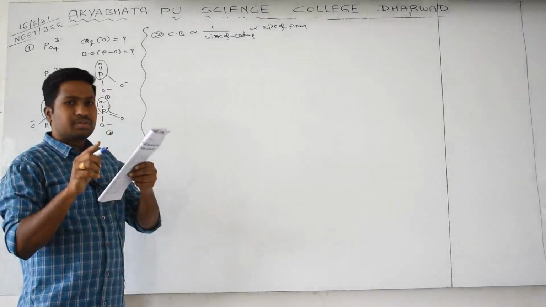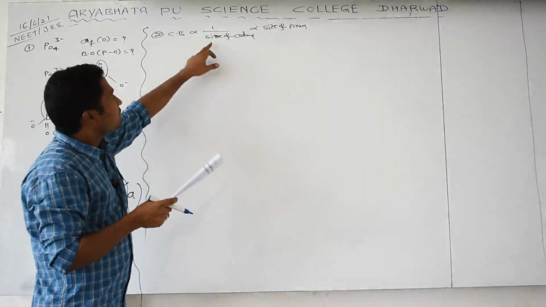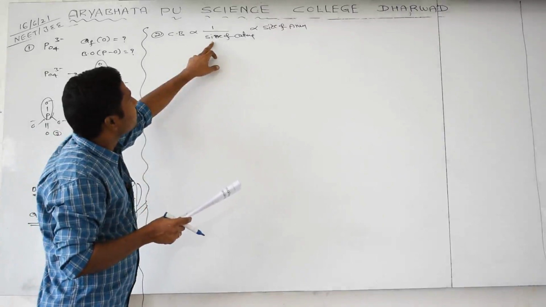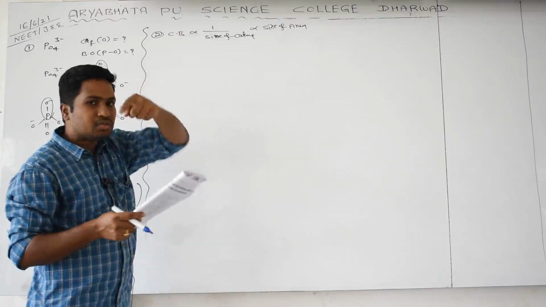Now in all these species the anion, Cl, is common. So the size of the cation matters: if the size of the cation is small, covalent character is high. Which is the small cation?